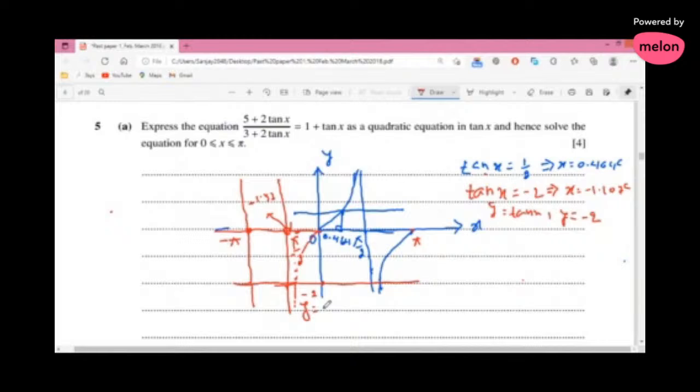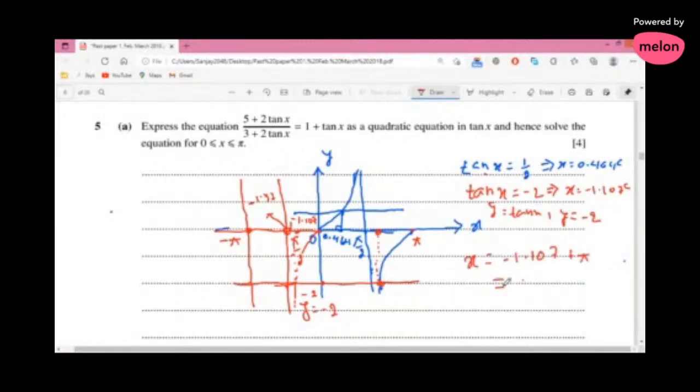And this value is known to be negative 1.107 radians. Now this line intersects the curve again at this point, which is raised after you add 180 degrees. That means your other value of x at this point is going to be x equals negative 1.107 plus pi.